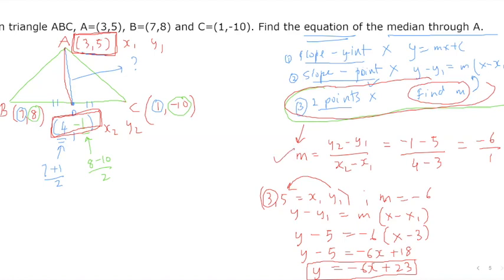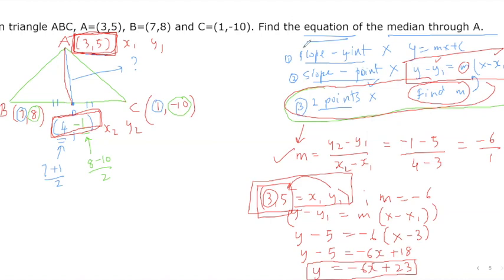We found the slope as minus 6. The next step is to use this formula because we know the slope and we take any one point. I chose the point 3 comma 5, that's A, as my x1, y1. So I put that into this formula and I was able to work it out here. Is that fine? Yeah, okay.